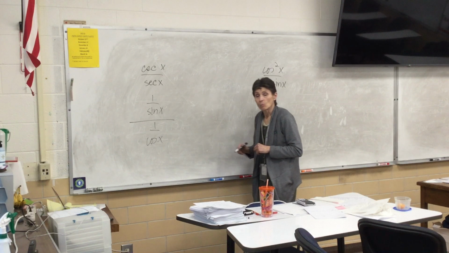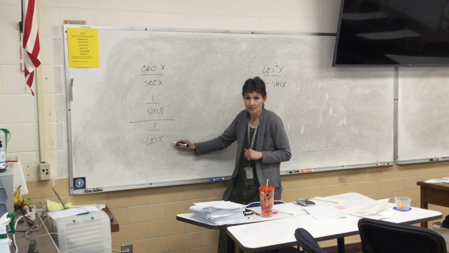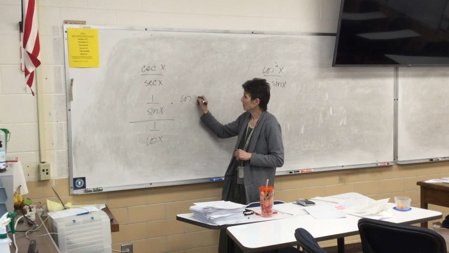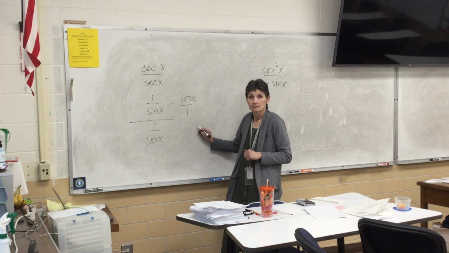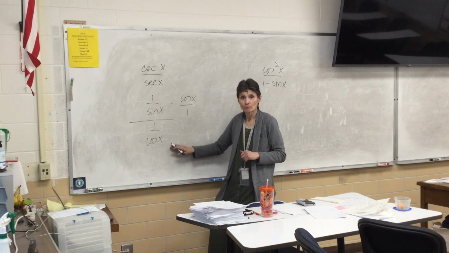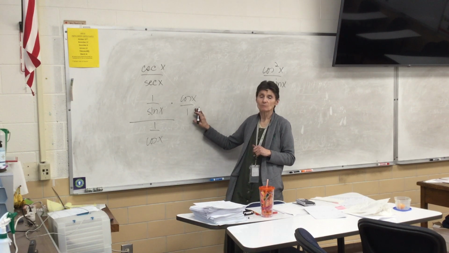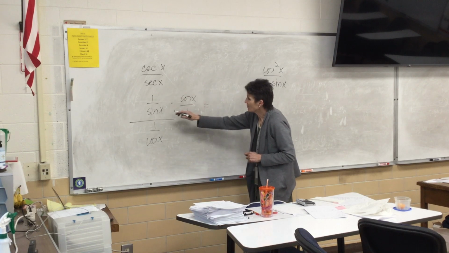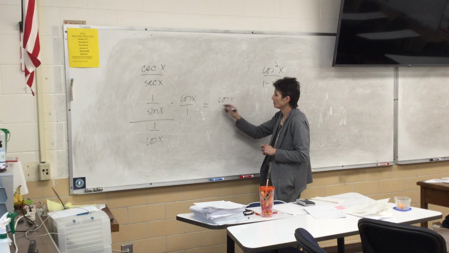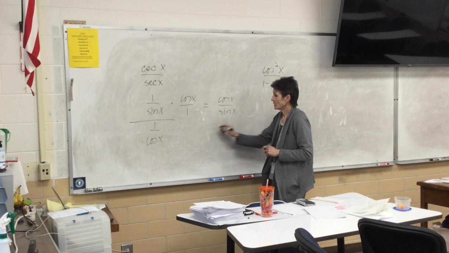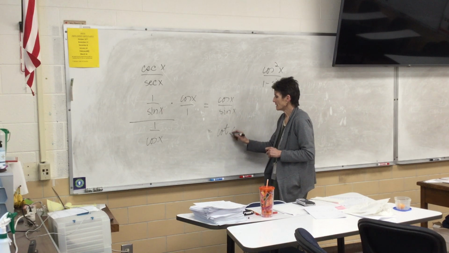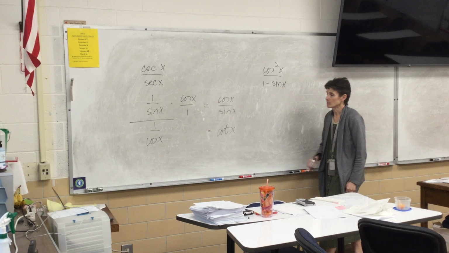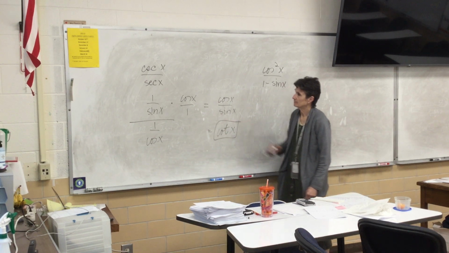Now remember, when you divide by fractions, you actually multiply by the reciprocal. So dividing by 1 over cosine is the same as multiplying by cosine over 1. So now nothing cancels, but I have cosine over sine, which we know is cotangent. So there it is, that's cotangent.